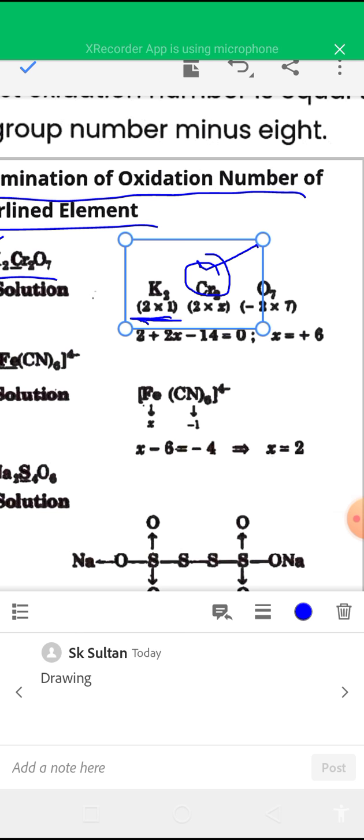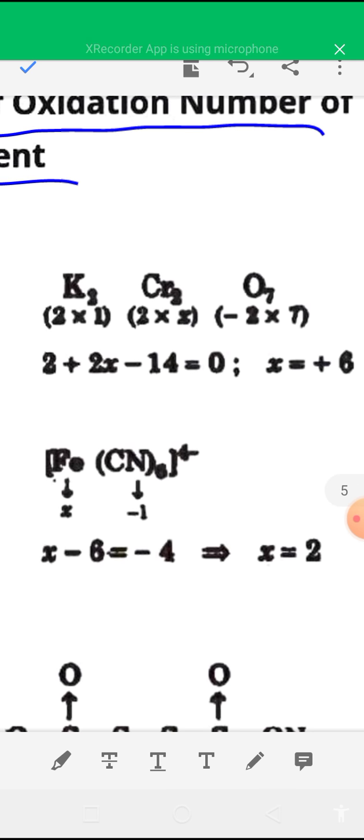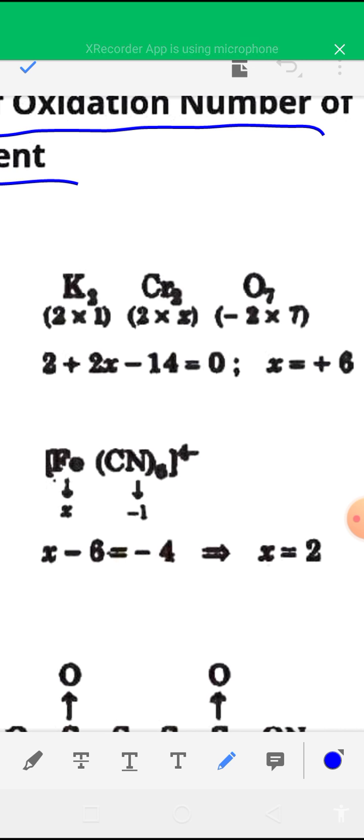I have assumed that oxidation number of chromium is x. Oxidation number of oxygen in most cases is -2.